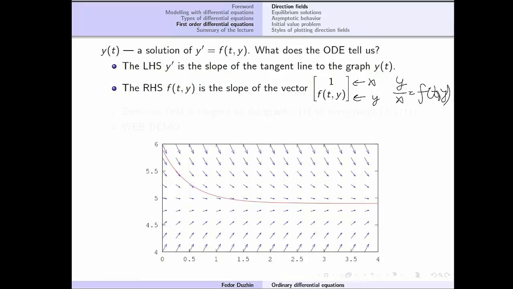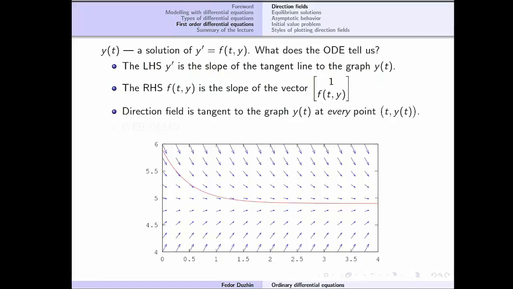In other words, the differential equation tells us that the direction field is tangent to the graph of the solution at every point. So informally, you can think of it as when you plot a solution, the solution follows the arrows. For example, if you want to plot a solution here, then it will follow all the arrows here. So this is a solution, right?